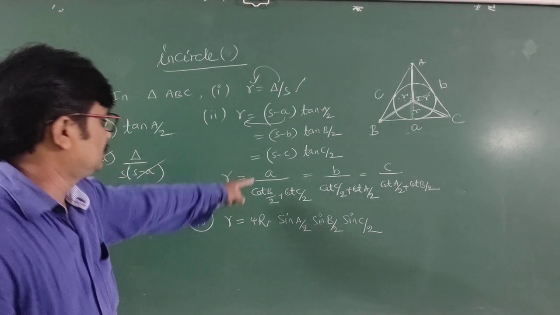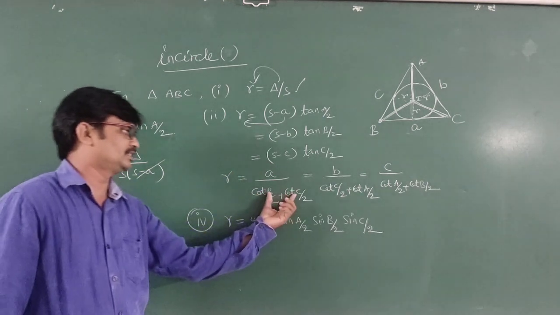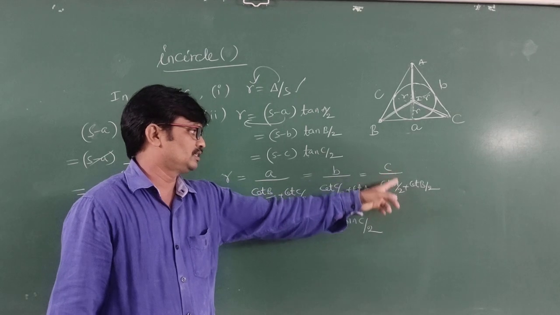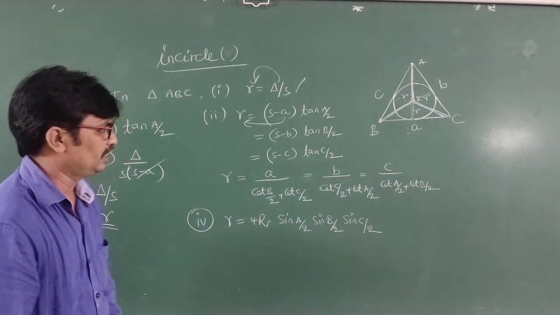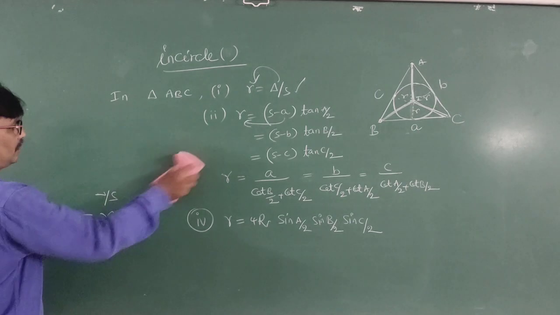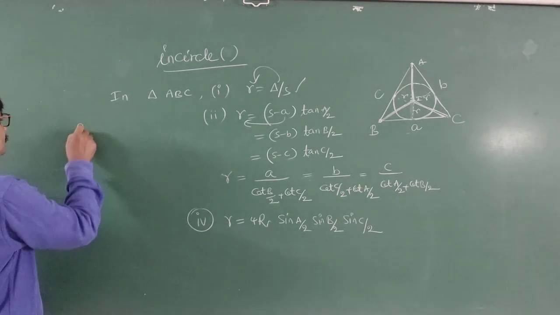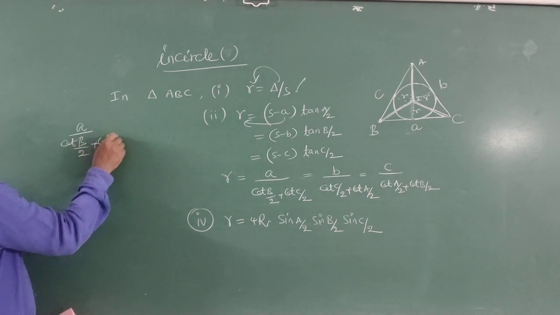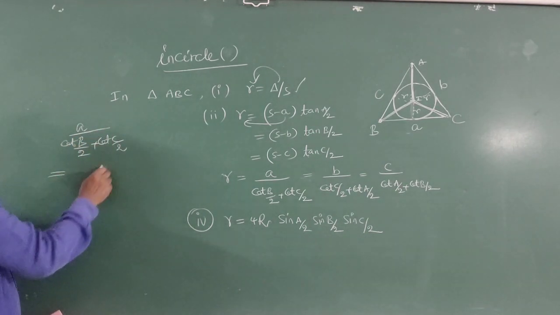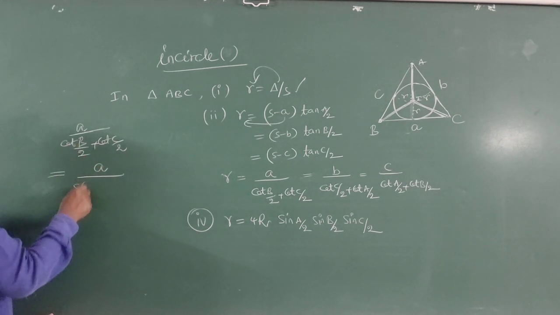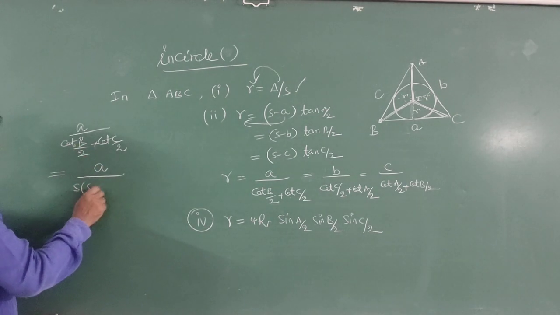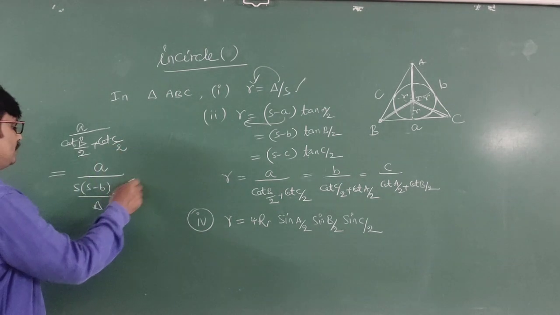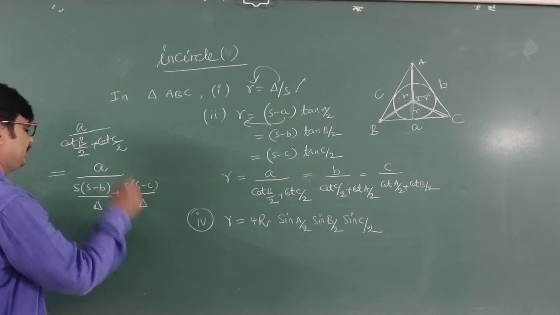Okay students, now the third one: small r equals a upon cot of B by 2 plus cot of C by 2, with b and c in the denominator terms, and similarly for b and c. Here a is the numerator, and the denominator is cot B by 2 plus cot C by 2. Cot B by 2 is s(s minus b) upon delta. What is cot C by 2? s(s minus c) by delta.